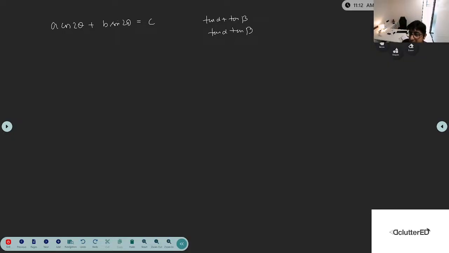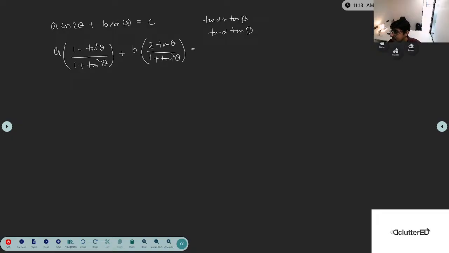All right. What I can do is, we have an identity where we are writing the value of cos 2 theta and sin 2 theta in terms of tan instead of the regular 2 cos square theta minus 1 or 2 sin theta cos theta, and I can write this as A into (1 minus tan square theta) by (1 plus tan square theta) plus B into 2 tan theta by (1 plus tan square theta) is equal to C. Now, when I transform this equation, I get A minus A tan square theta plus 2B tan theta is equal to C plus C tan square theta.